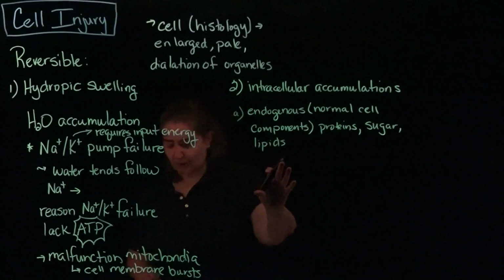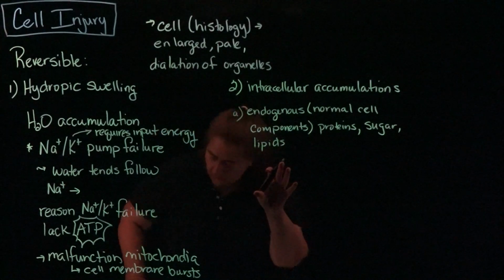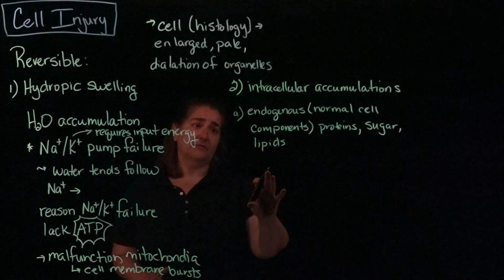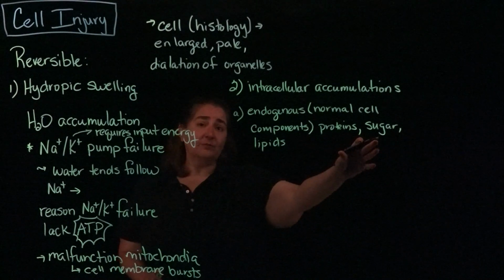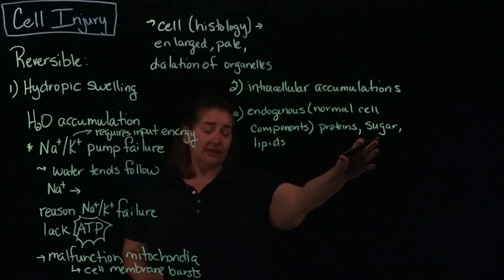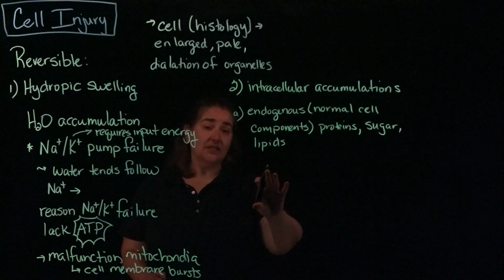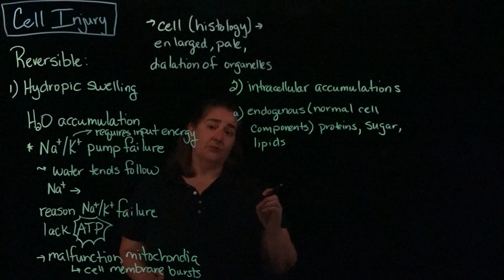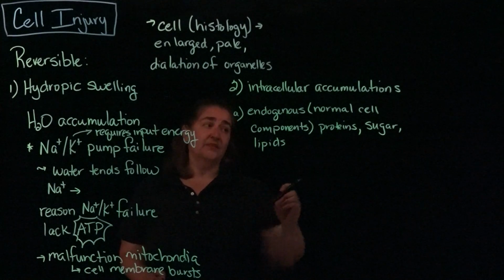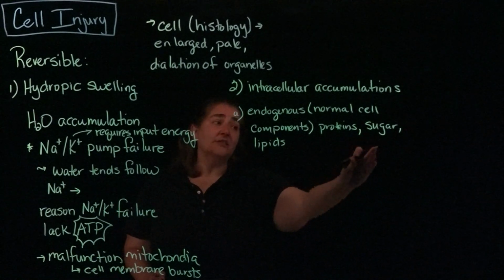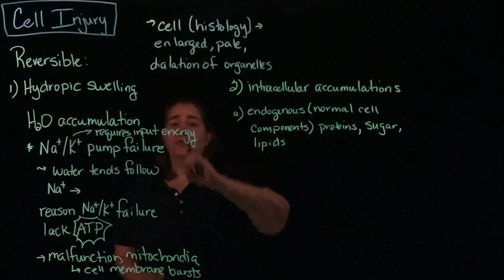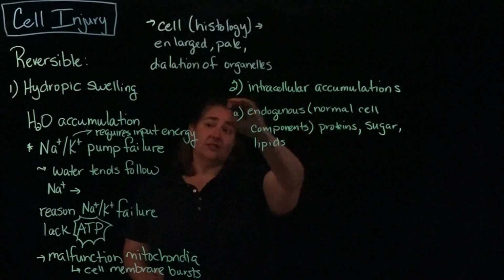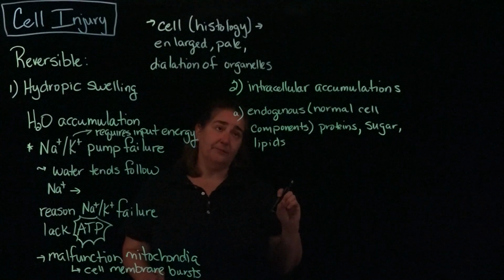And there can be a variety of mechanisms for the accumulation of these kinds of products. Sugar in particular, if somebody is diabetic and can't process the sugar from the foods they're taking in, that sugar will accumulate within the cell, okay? And that can also lead to hydropic swelling because the increased sugar is going to bring in more water to the cell, okay?